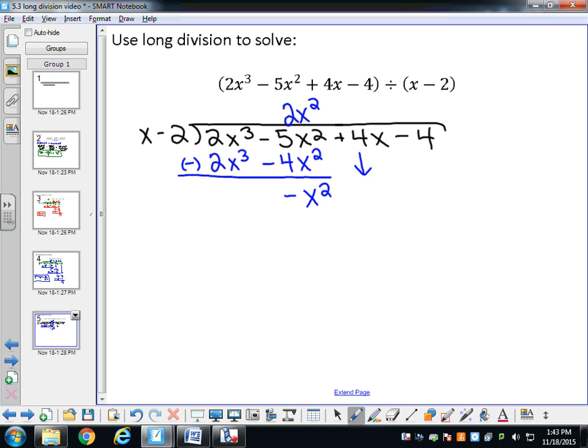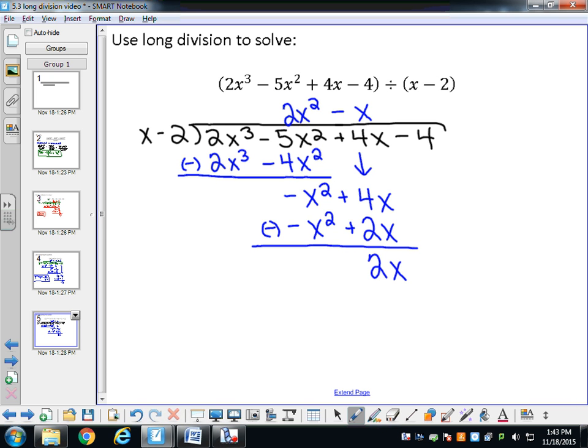Now bring down plus 4x. So what needs to get multiplied by my x to get rid of negative x squared? I'm going to need a negative x. So multiply that throughout. I end up with negative x squared plus 2x. Do the subtraction, and I have 2x.